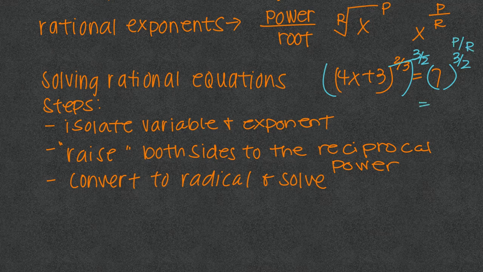So this would equal the cube root of 7 squared. And it would be 4x plus 3. Honestly, 8 would be better because 8 is a perfect cube. But you would evaluate whatever that radical is and then just solve like normal.